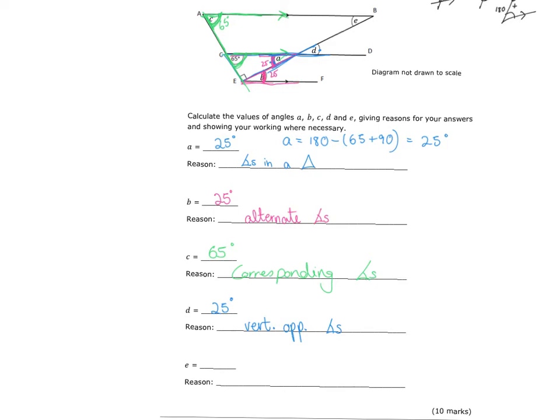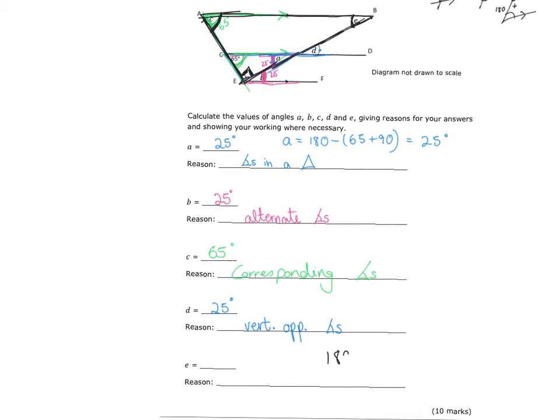Basically, for angle E, I would use this information. So I have this large triangle, where this angle is 90 degrees. This angle is 65 degrees, and this is what we have to find.